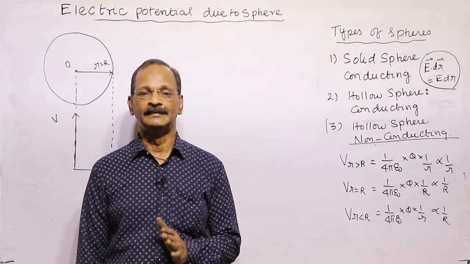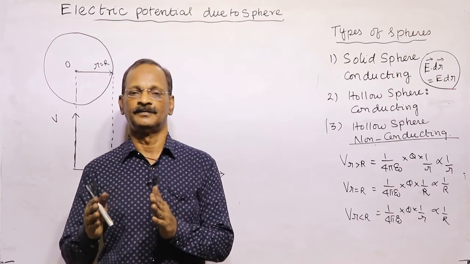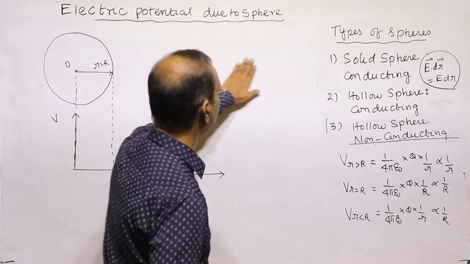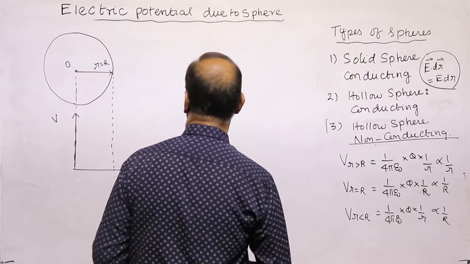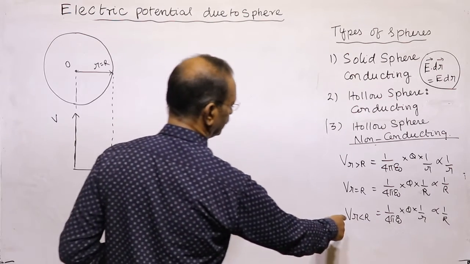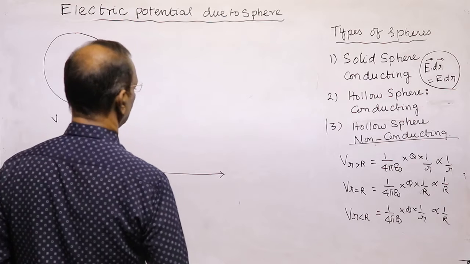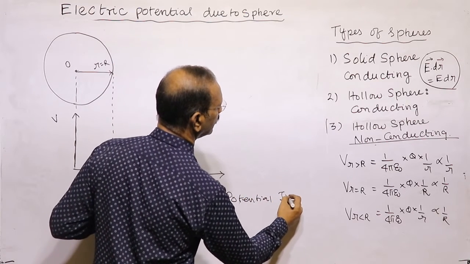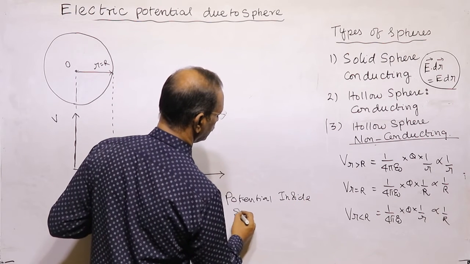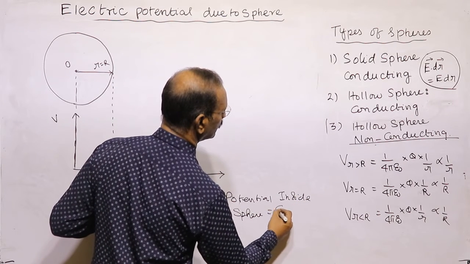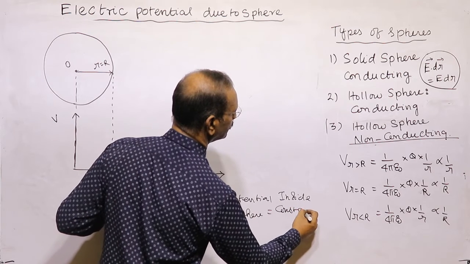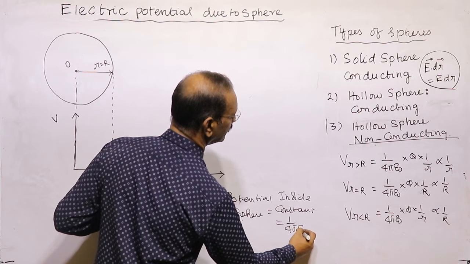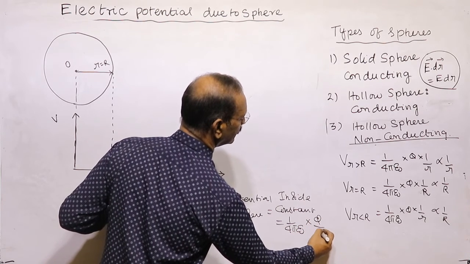Now let us see the variation of potential inside, at the surface, or outside the surface, how it varies with respect to small r, where R is the radius. Let us start from the inside. It means the potential inside the sphere is equal to constant, which is equal to 1 by 4 pi epsilon naught into charge divided by the radius.